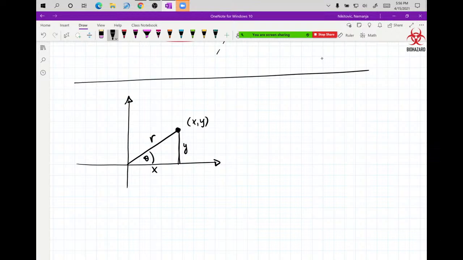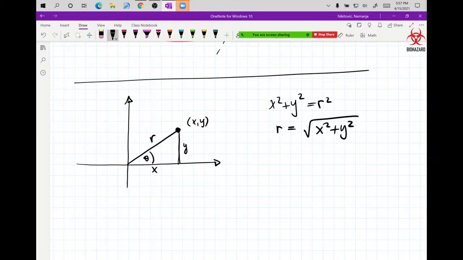Because we know the Pythagorean theorem, we can write that x squared plus y squared is equal to r squared. And now, what do we do for r squared? Well, you solve that for r by square rooting both sides and ignoring the negative because lengths are never negative.